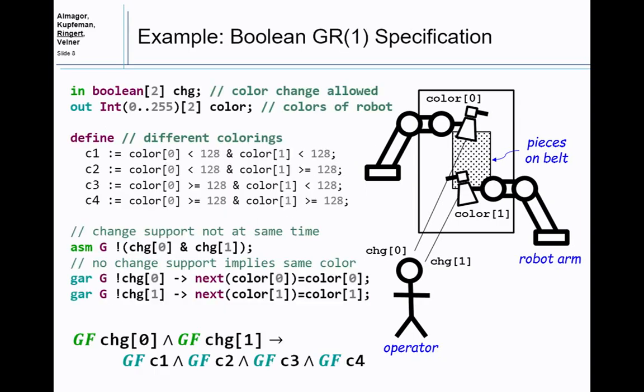So in our synthesis tool, it would look like this: the inputs, the outputs, the color definitions, and the important thing down here, this would relate the fairness assumptions and guarantees by this implication. So globally, finally, change of the colors implies globally, finally, painting in different colors. This specification is realizable.